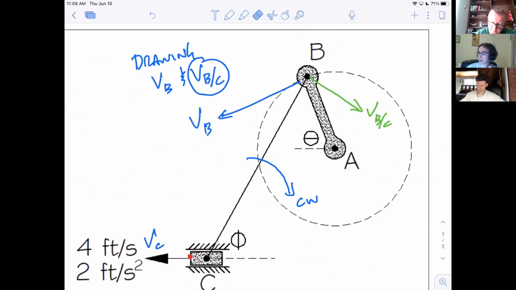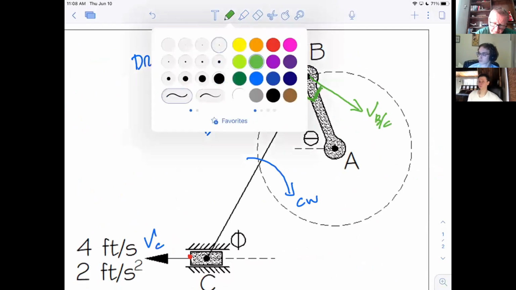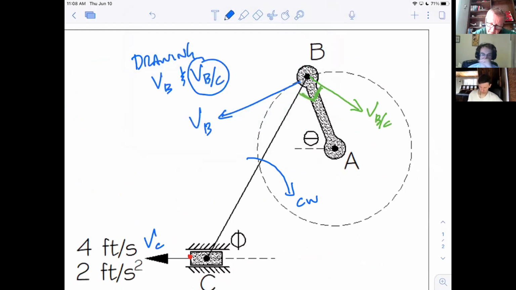So the fact that that is 90 right there, and that this is 90 over here.